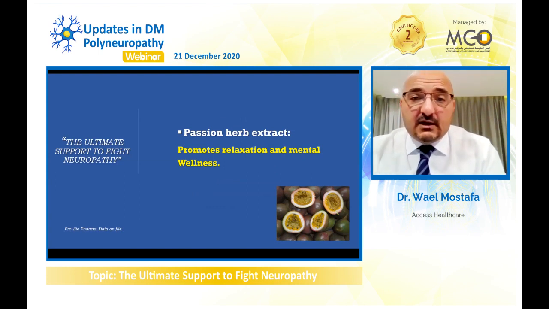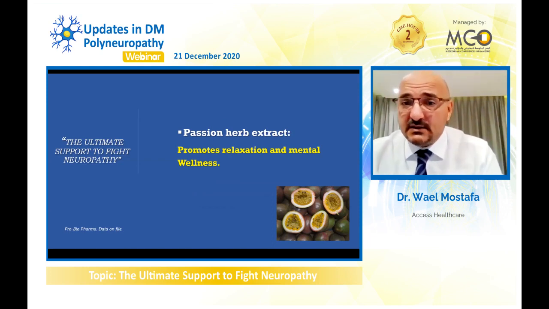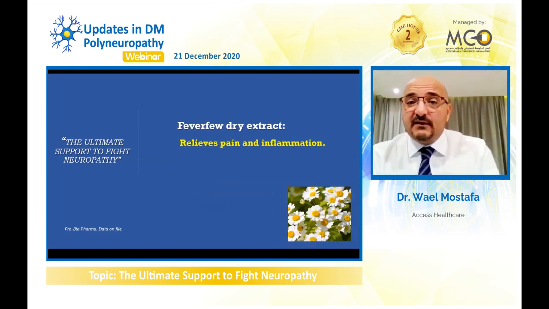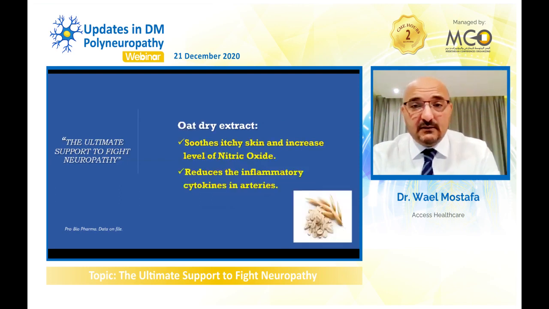Some of the natural items that we included in this formula are passion herb extract, which promotes relaxation and mental wellness. Feverfew dry extract, a plant as you see in the picture, relieves pain and inflammation.